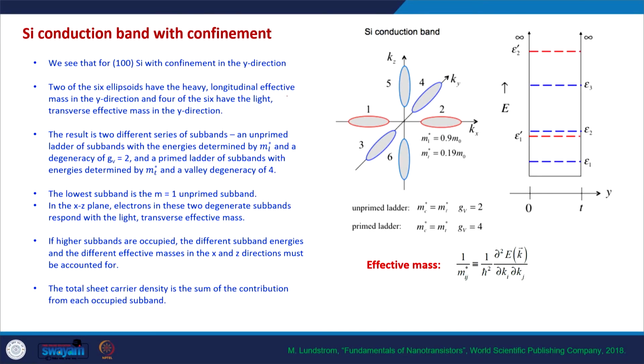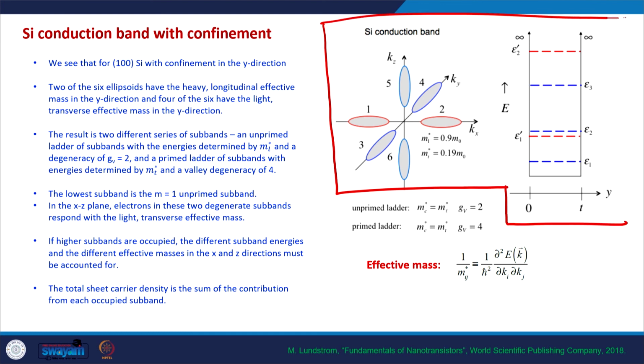So that's one of the modern techniques to enhance the performance of nano MOSFETs. Let me not start this topic right now, because it will involve a longer discussion. If we understand the idea of quantum confinement and how two kinds of subbands are formed, we can understand strain engineering or strained silicon as well.